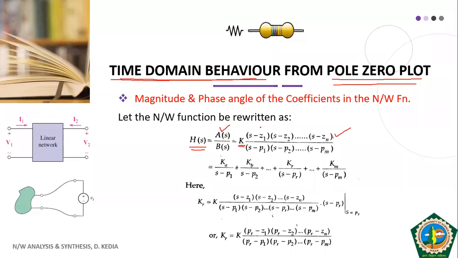So A(s) has been written as (s minus z1)(s minus z2) up to (s minus zn). These are various factors. Then we represent B(s) in the form of its factors, which are represented through its roots, which we call poles. So we have expressed our network function in the form of its factors.